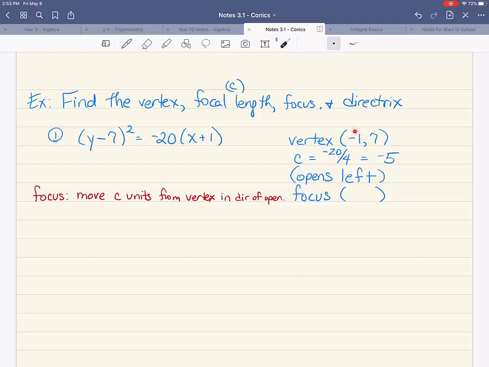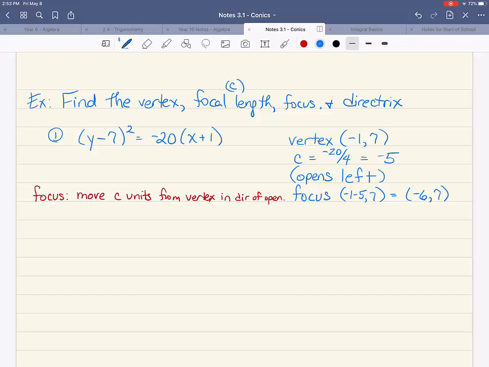The answer is x. X is changing. My focus is going to be negative 1 minus 5, comma 7, because the x is moving to the left. Left is negative. So this will change to be negative 6, comma 7.